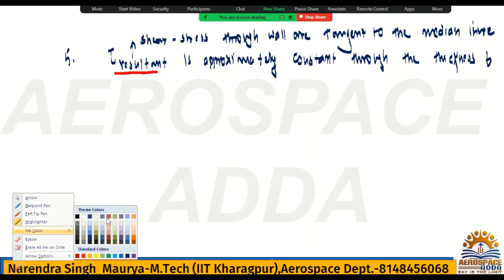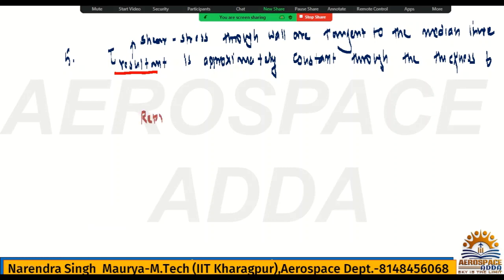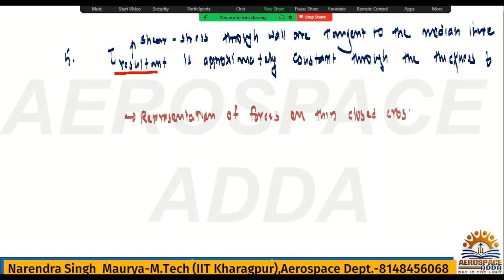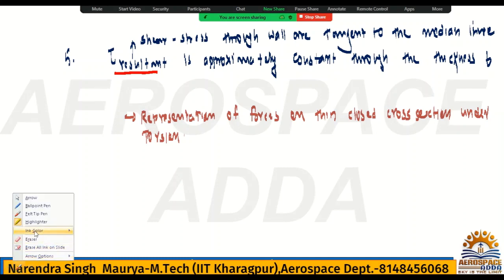Now this is called representation of forces on thin closed cross section under torsion.